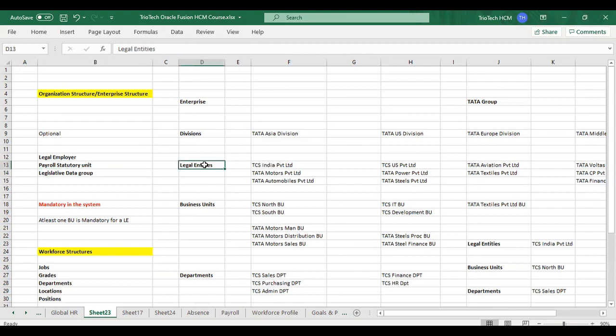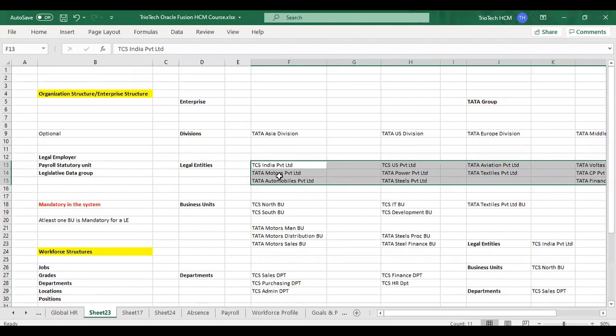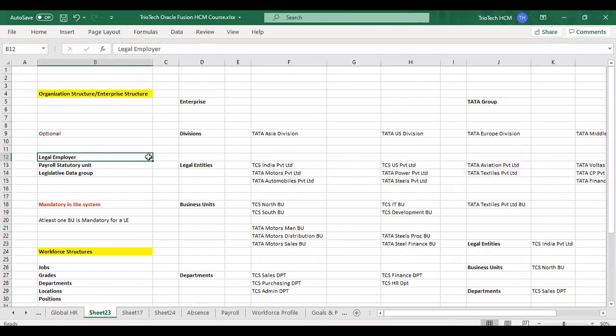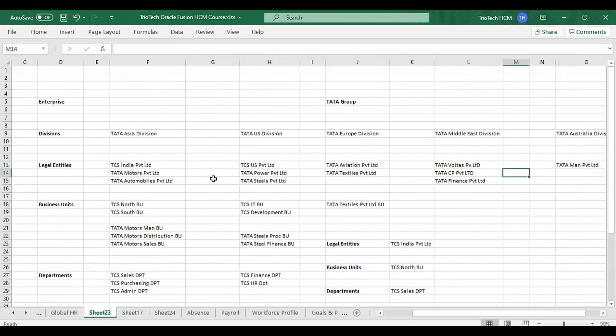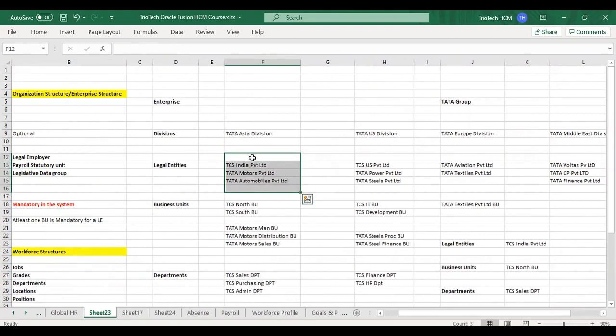Whenever you are configuring the legal entities in the system, you should make them a legal employer, create the PSUs of those legal entities, and map the country respective LDG to that particular legal entity's PSU scheme. So for all the legal entities in India, I will map the Indian legislative data group.